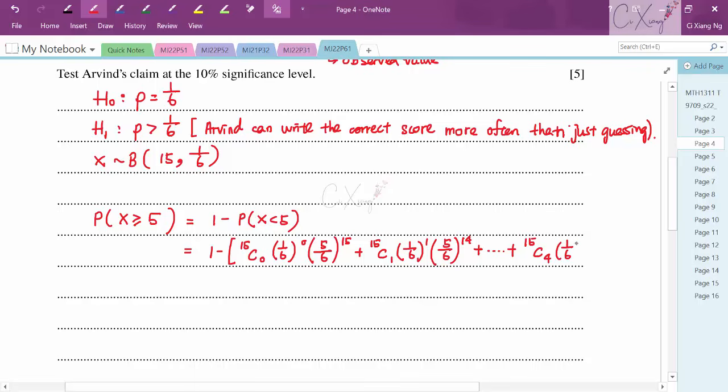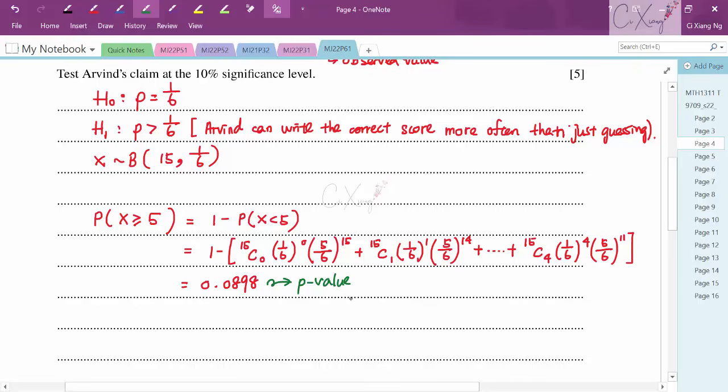So I'm having 1 over 6 power 4, and then 5 over 6 power 11. If we didn't make any careless mistake pressing the calculator, by right, this answer should be 0.0898. So for your information, this is actually the p-value that we have for this test.